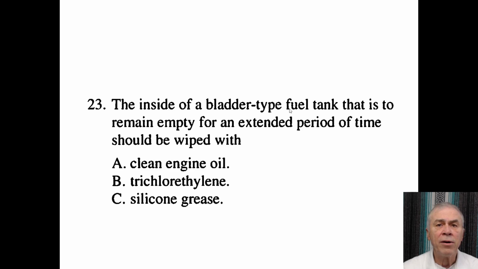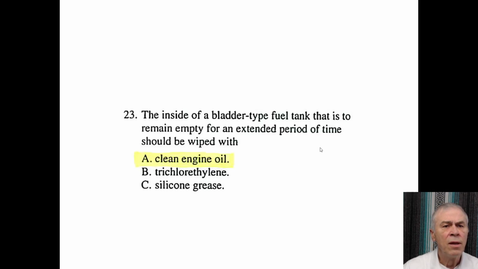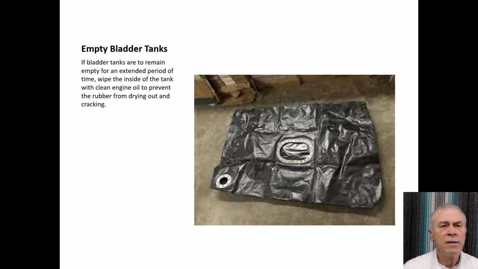The inside of a bladder type fuel tank that is to remain empty for an extended period of time should be wiped with, that was clean engine oil. That doesn't look like a new question. Maybe the other options might have made it unique enough to ask it again.